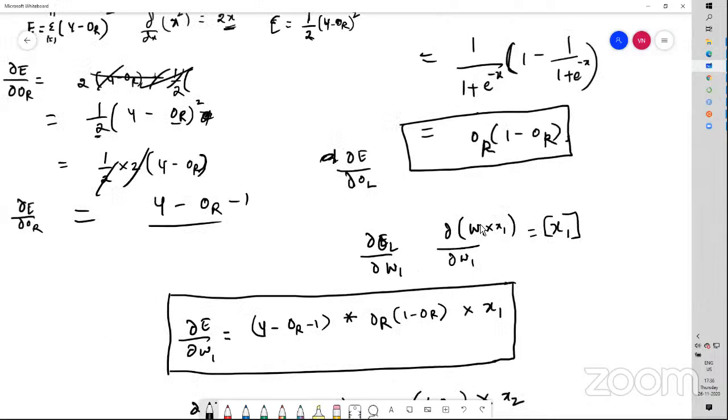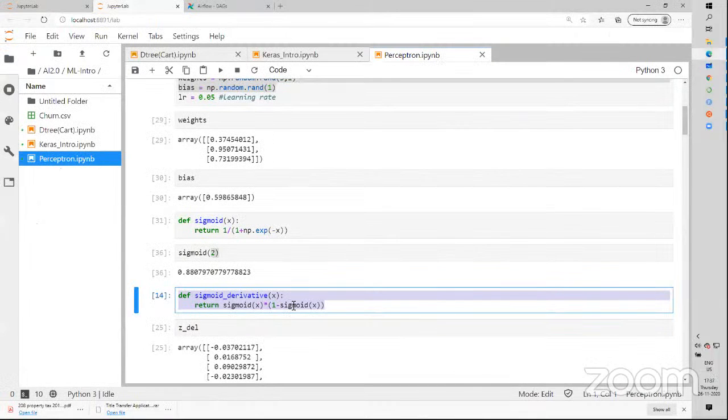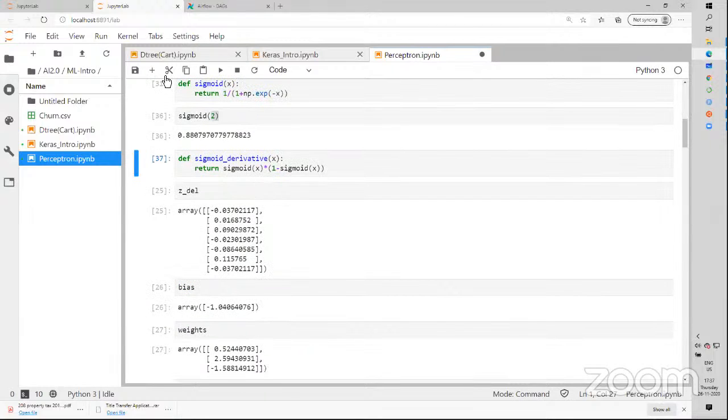The only complexity is in this one, which is why I am defining this function. The derivative of a sigmoid, which I am naming sigmoid derivative, takes one input and returns that input into 1 minus that input. So we have the derivative of sigmoid also defined.